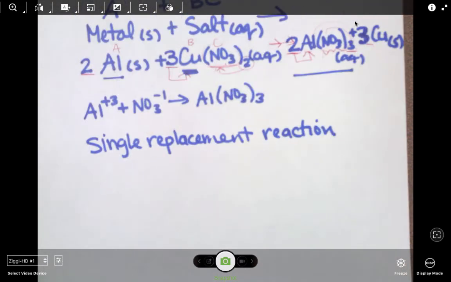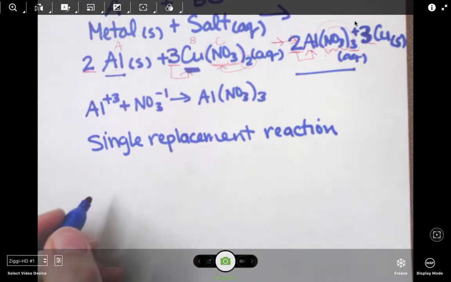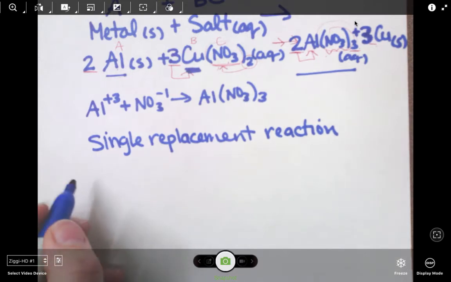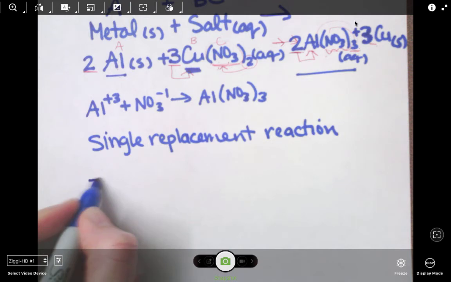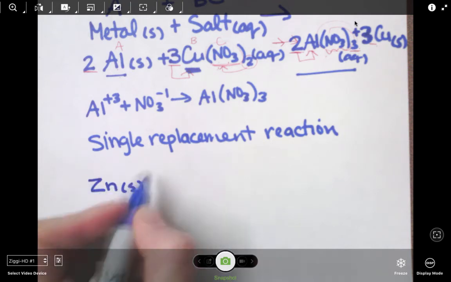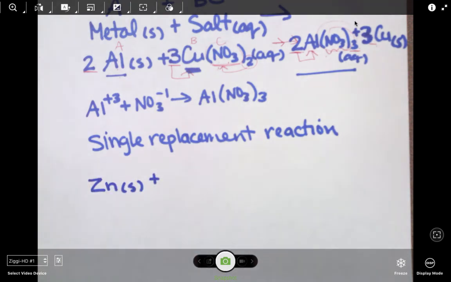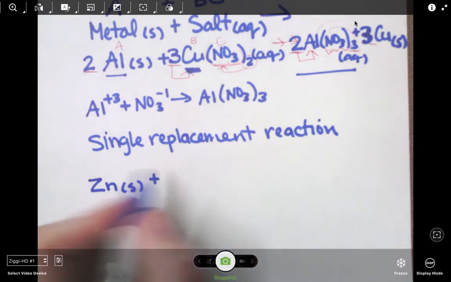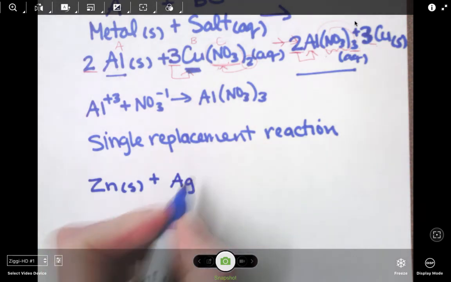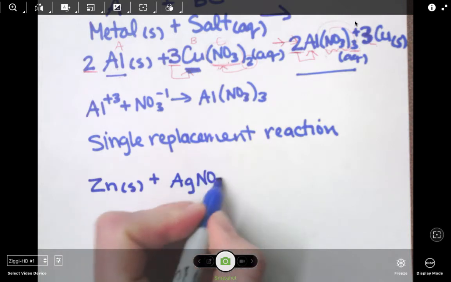Let me give you another example. Let's say that I have a piece of solid zinc and I put it into a silver nitrate solution.